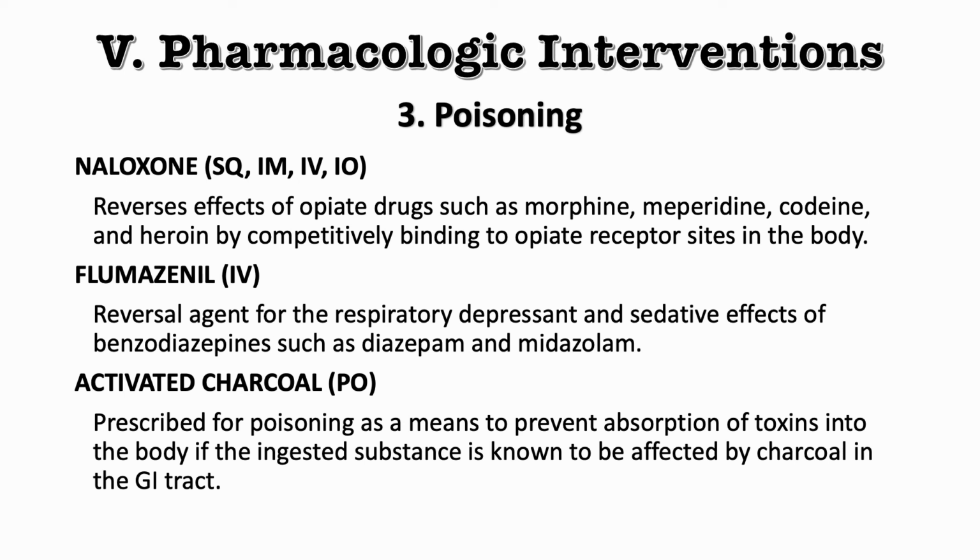So when do you give naloxone? When there are obvious manifestations of respiratory depression. Same with flumazenil. It also reverses respiratory depression and sedative effects of some benzodiazepines such as diazepam and midazolam.